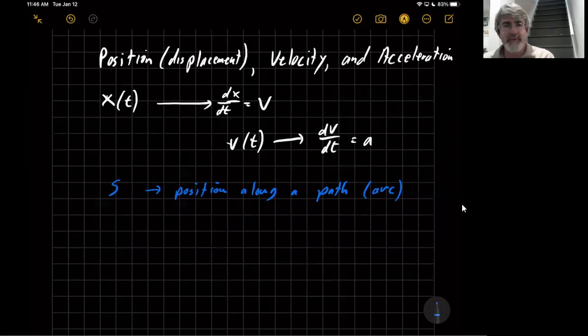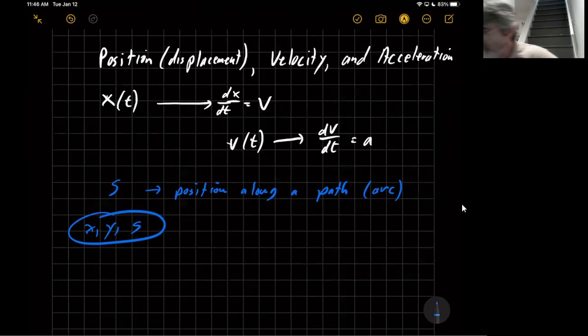You might be moving along an arc, and you would have a velocity and an acceleration relative to that arc that you're traveling on. So S is just a more general term, whereas X usually means horizontal motion and Y is usually vertical motion. X, Y, and S are all interchangeable for position, depending on the kind of motion you're looking at.